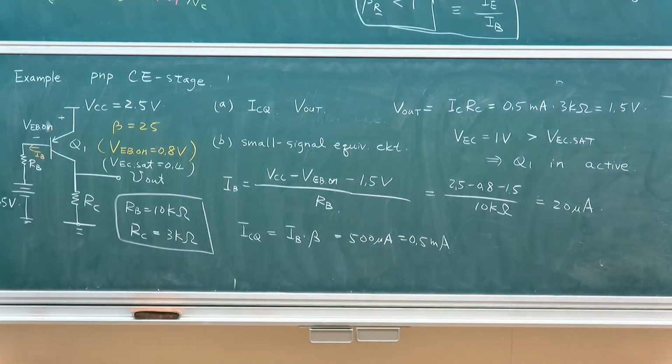Okay? So the next thing is that we need to construct a small signal model. I didn't actually spend too much time on talking about how the small signal model for PNP and the difference between the two. The reason is that it's the same. What I mean by that is that I should be able to construct my small signal model, gm, r pi, for a PNP transistor.